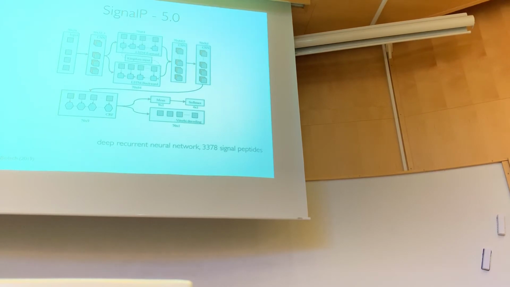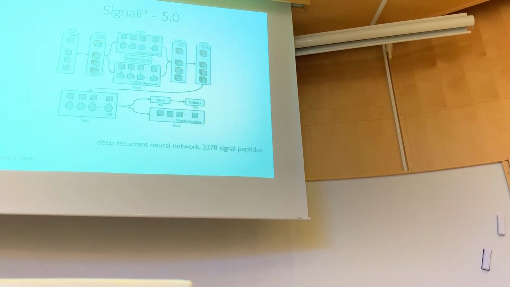And now it's becoming rather complex, right? Deep learning had to be applied to this problem, obviously. So they came up with this deep recurrent neural network, and you see it has all kinds of forward and backward networks. I won't even pretend that I can explain all this to you.